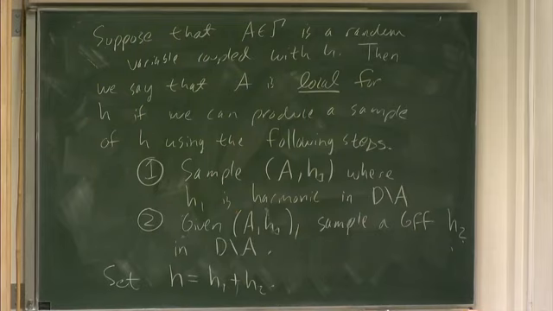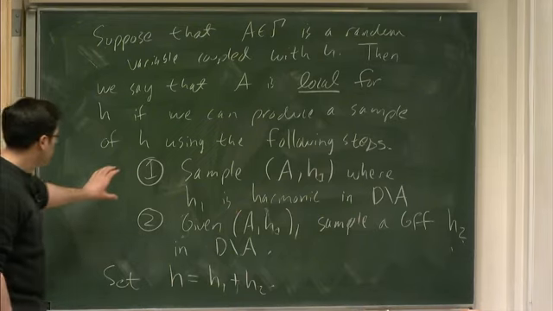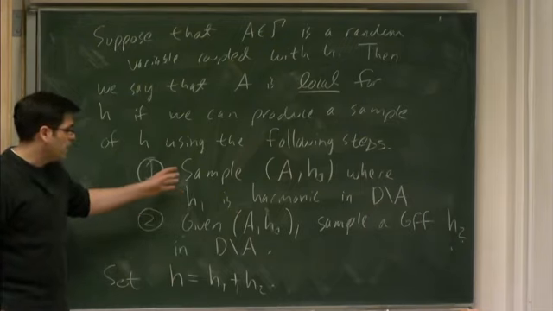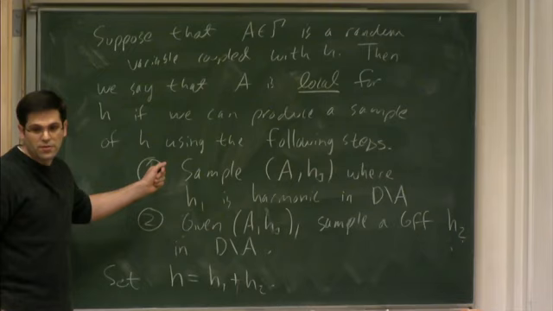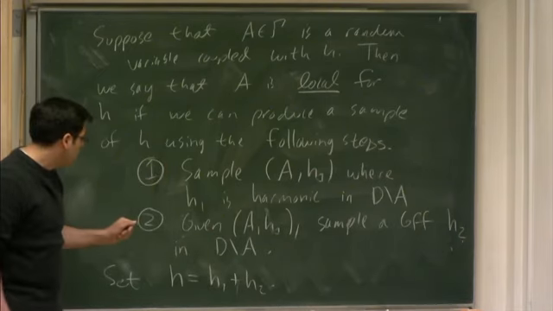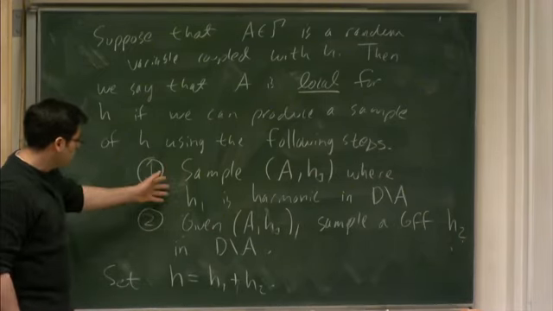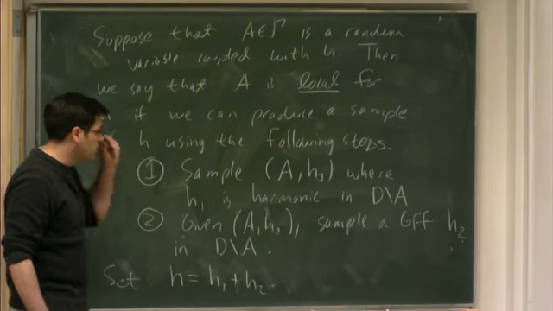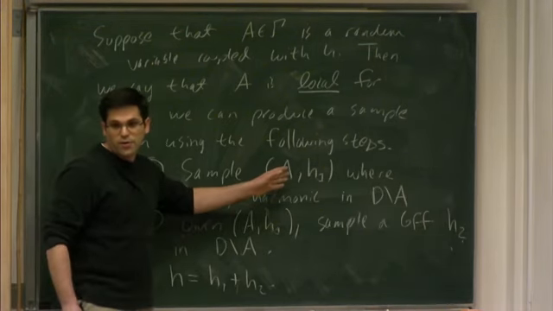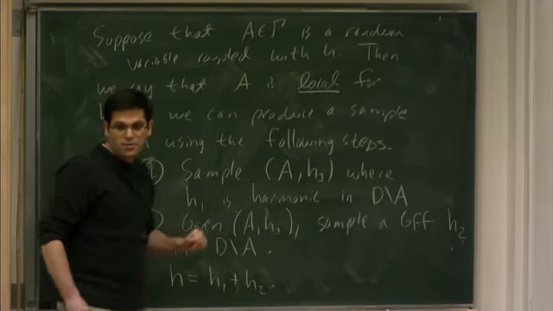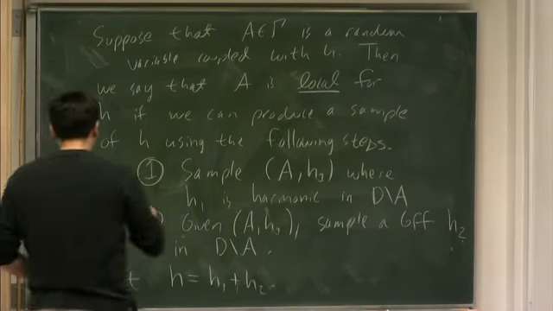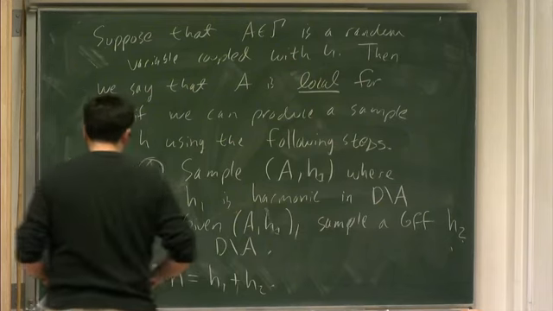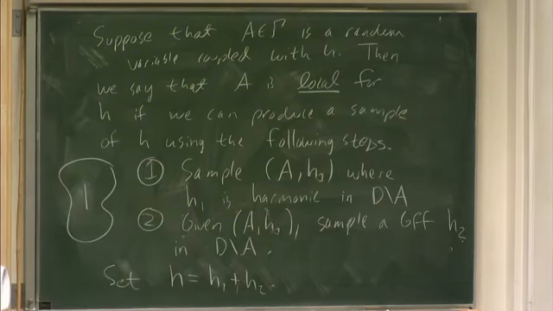So this is a random variable which takes values in the space of distributions, which is harmonic in the complement of A. So one thing that I want to emphasize is that A does not have to have any interior. So you could imagine, for example, that if this is your domain, you could have just a line, and that would be an example of a local set.